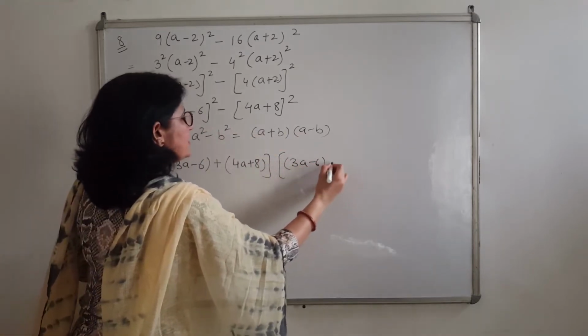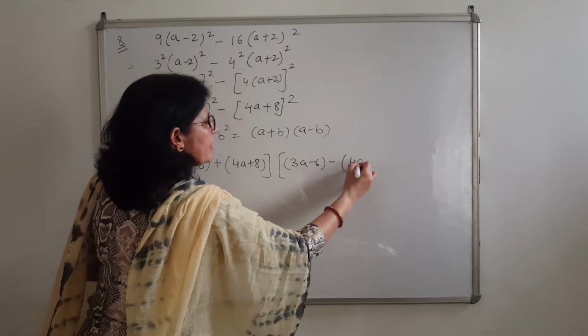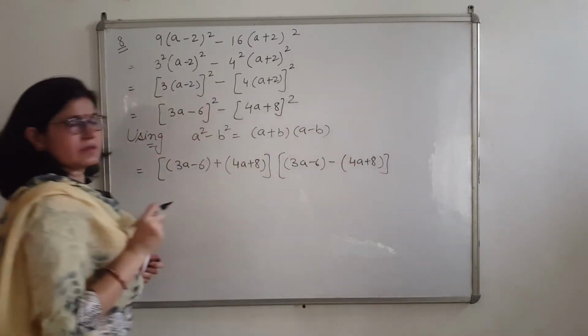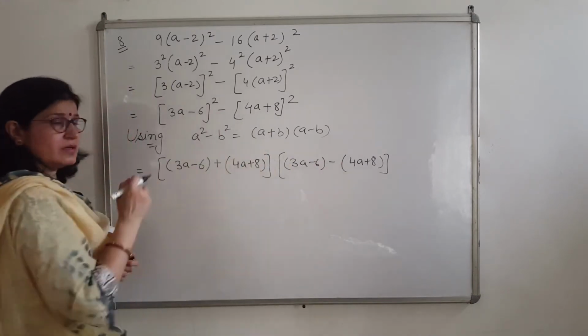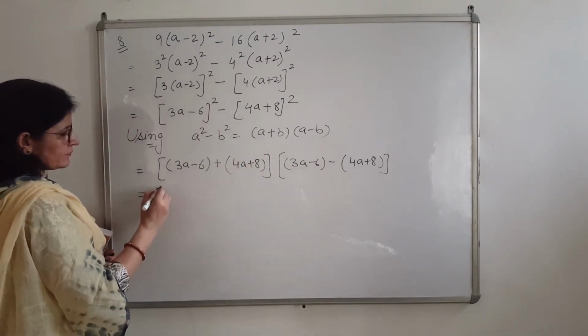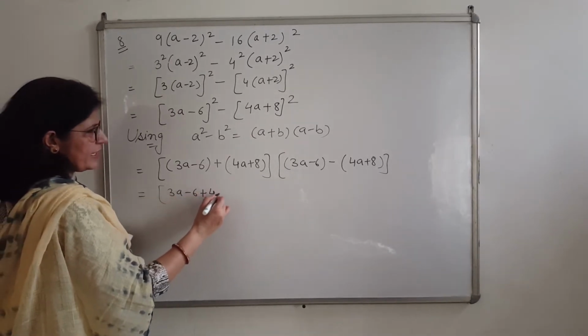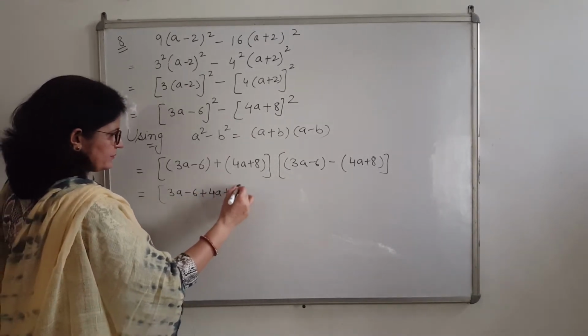(3a minus 6) minus (4a plus 8). Now we remove the brackets, here plus 8 will come. So 3a minus 6 plus 4a plus 8.